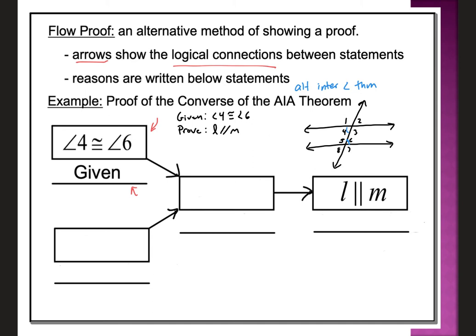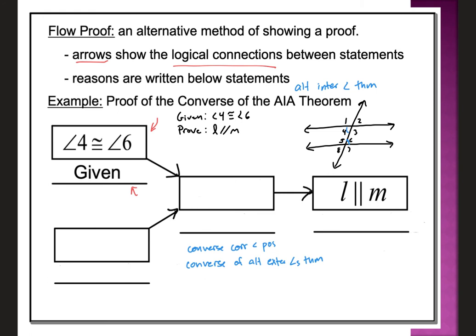But I do still have, and I'll write this down somewhere, the converse of corresponding angles postulate, and the one we did last time, the last slide, the converse of alternate exterior angles theorem. Okay, I have these two, and I can use these two to prove the converse of the alternate interior angles theorem.